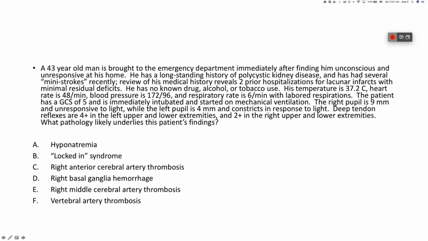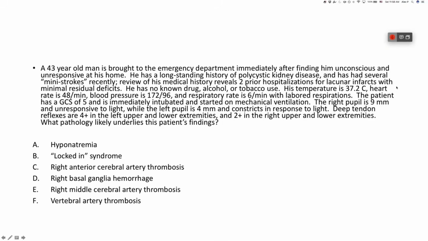That's okay. So the deep tendon reflexes are 4+ in the left upper and lower extremities and 2+ in the right upper and lower extremities. How can you make sense of that in context? So deep tendon reflexes are hyperreactive, so I'm still thinking it's an upper motor neuron lesion.